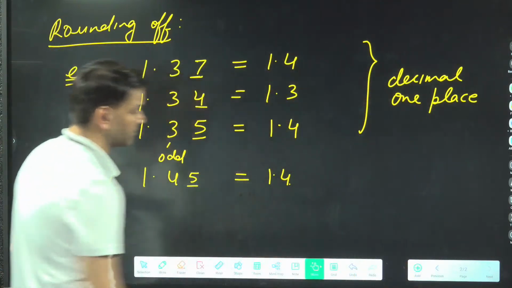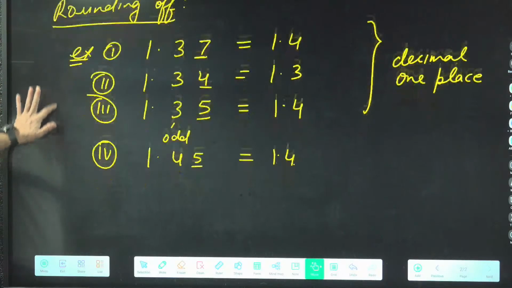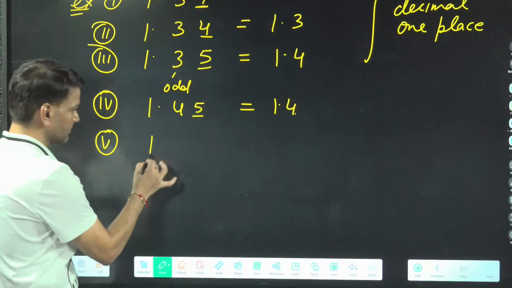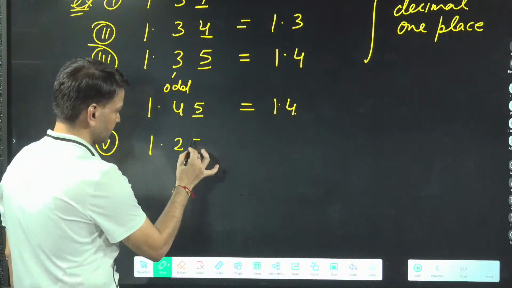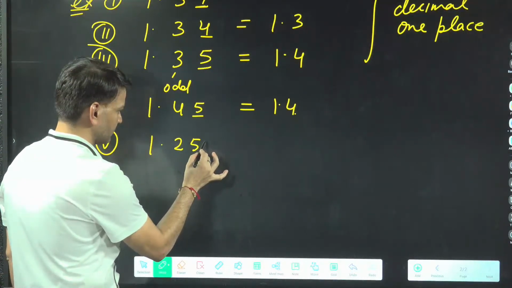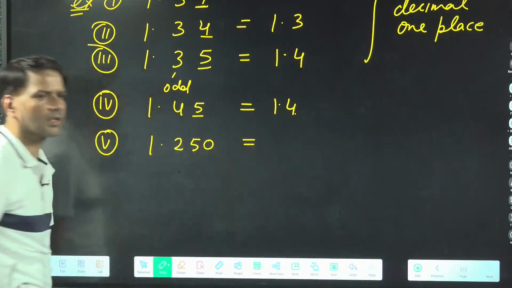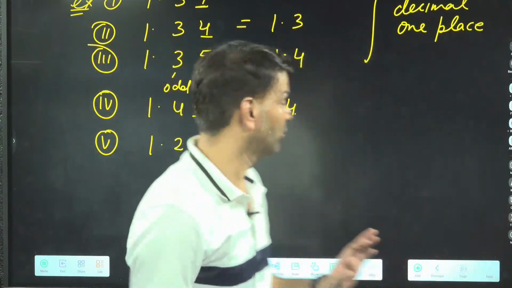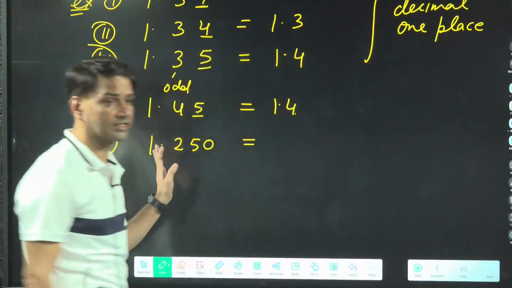But sometimes there is more chance of other cases. Suppose I just put another 0 after the 5, so it is 1.250, but I have to round off up to the decimal 1 place.